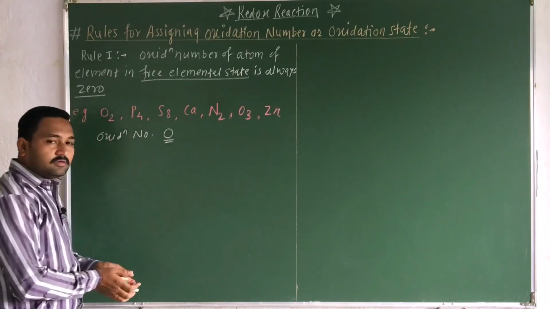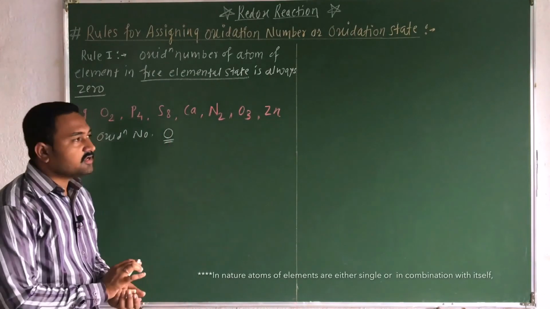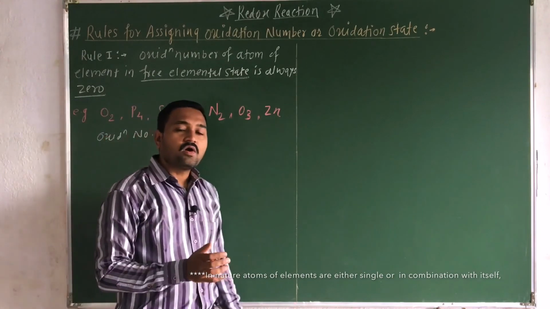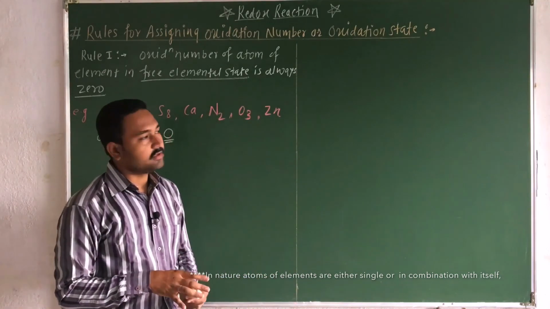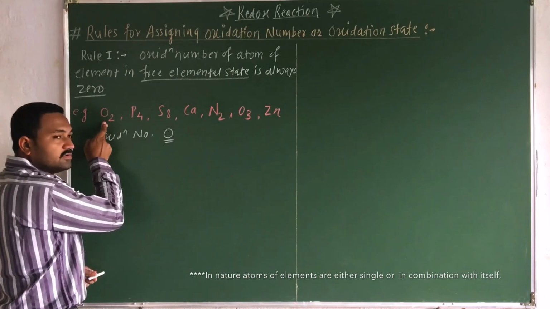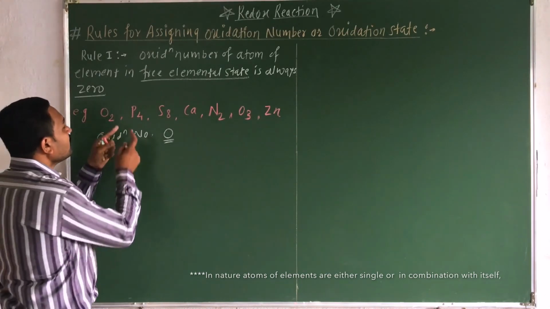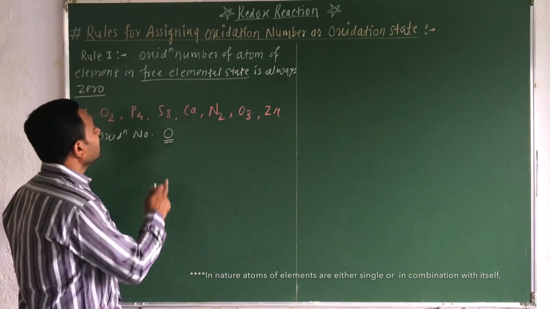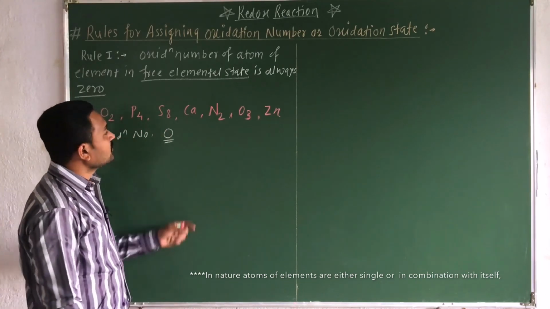Now remember, free elemental state means what? In nature, they are found in the form of either a single atom or combined atoms. We know that oxygen is always found in combination, that means 2 oxygen atoms. Phosphorus in nature is found in the form of P4. Sulfur is always found in the form of S8.